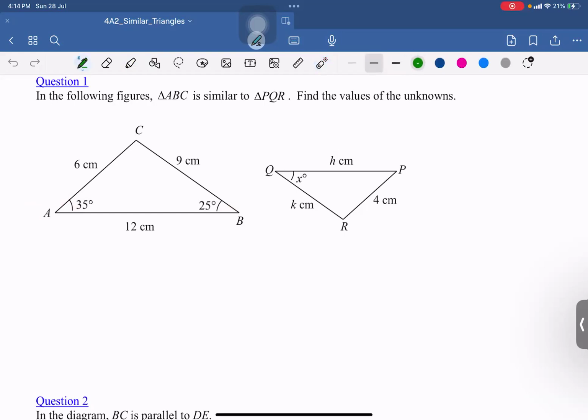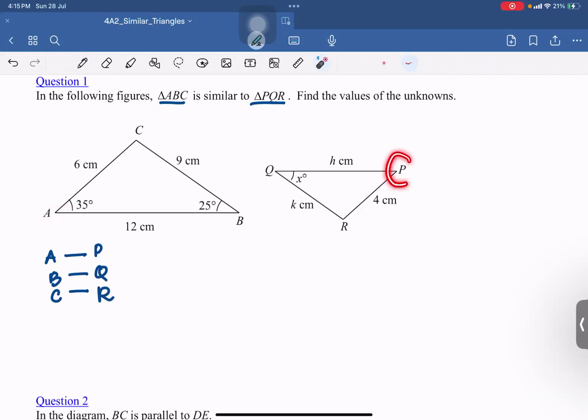Before we start off, the usual thing that we need to do is to find the matching points. For example, I have triangle ABC, and it says that it is similar to triangle PQR. That means the angle for A will match with the angle for P. So if angle A is 35, angle P will also be 35 degrees.